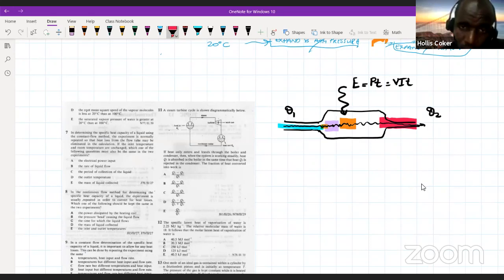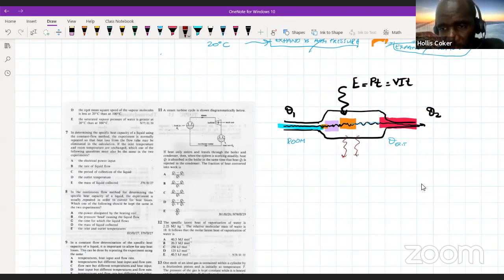So what they're saying is water enters at room temperature here, and it gradually heats up and leaves at this temperature, theta exit. And this is at steady state. Now we have heat losses taking place through the sides.